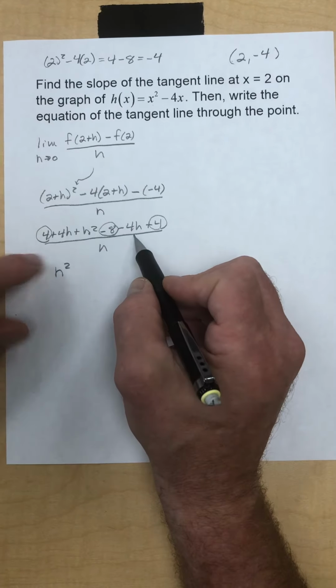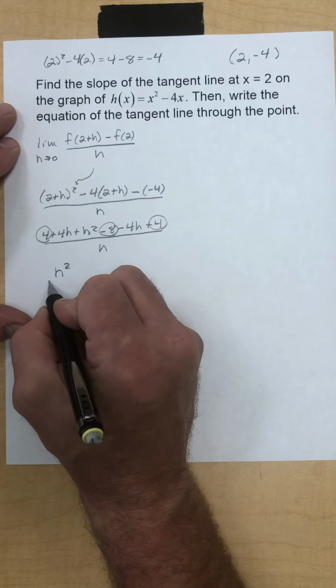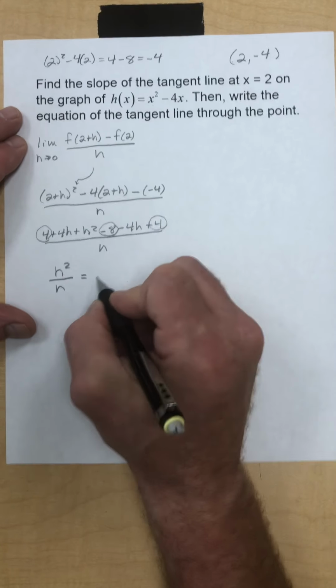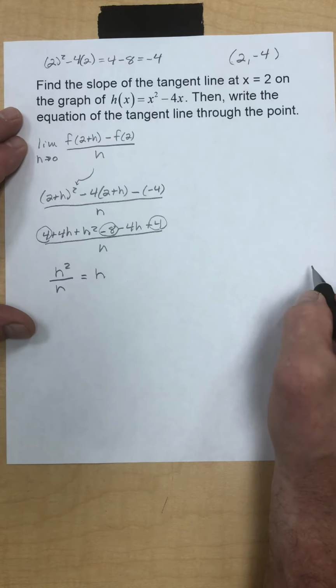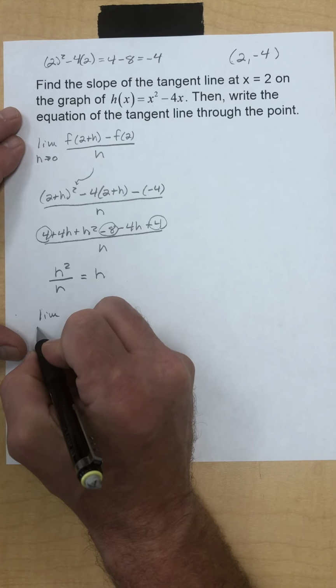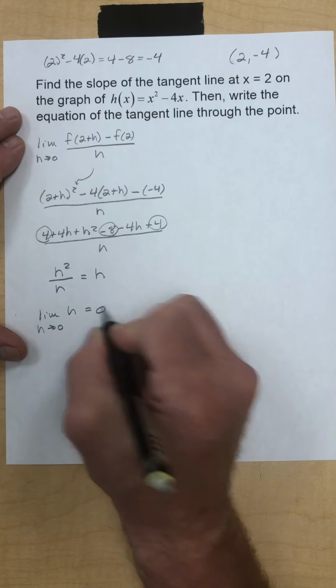And 4h minus 4h is 0, over h. So it looks like we're just getting h. If I take the limit as h approaches 0 of h, obviously I'm getting 0.